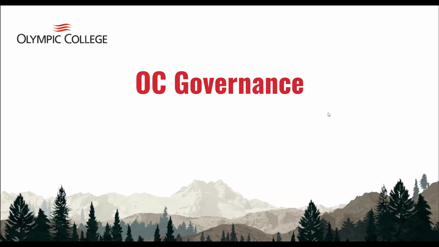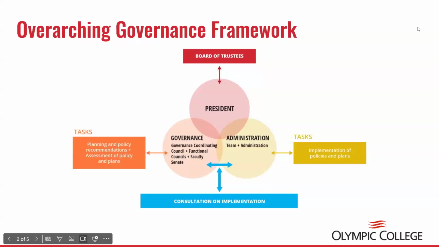Okay, so we're going to talk today about how the OC governance system is set up and a little bit about how it is meant to work. The basic overview of our system is that it fits on the side of what was already the existing structure. So we have our board of trustees that governs what's going to happen at our college, and they oversee just the president.